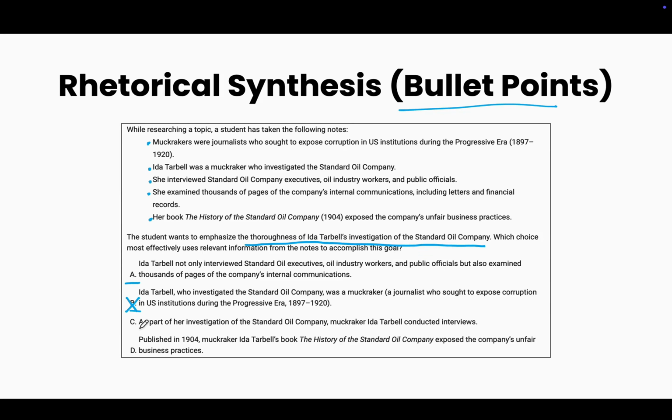This mentions interviews, but does not show the depth of her work. Choice D: Published in 1904, muckraker Ida Tarbell's book, The History of the Standard Oil Company, exposed the company's unfair business practices. This explains the outcome of her book, but not the details of the investigation. So the correct answer is choice A, because it shows that her investigation was detailed and thorough.